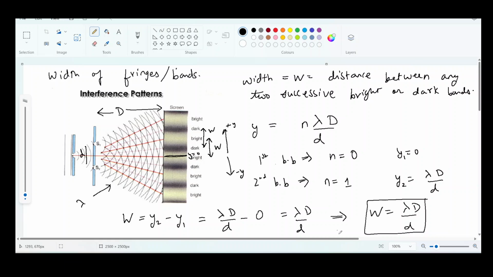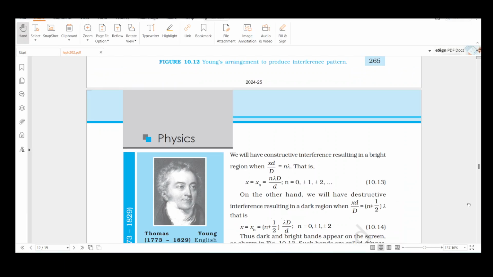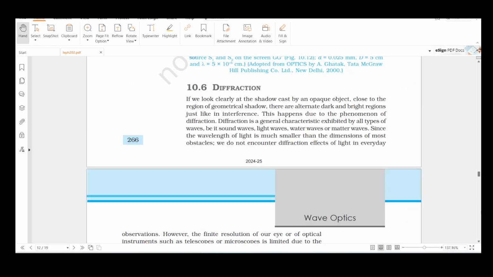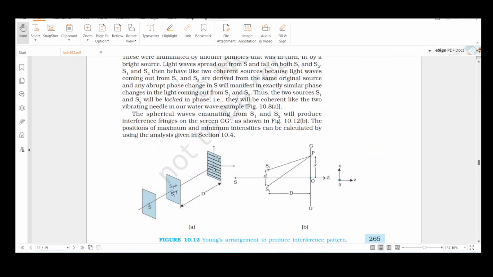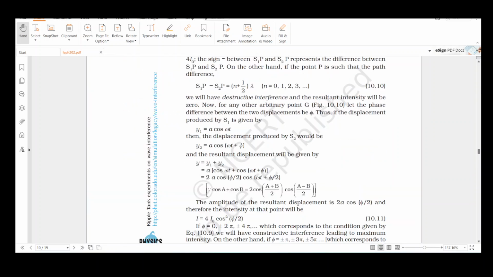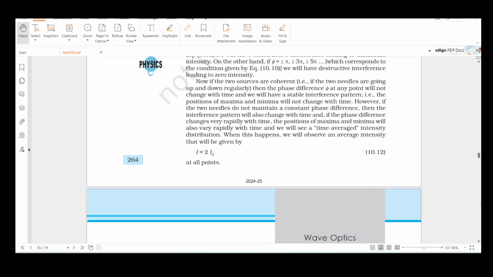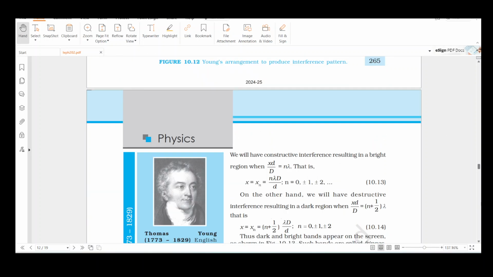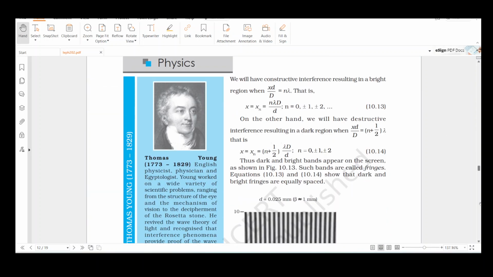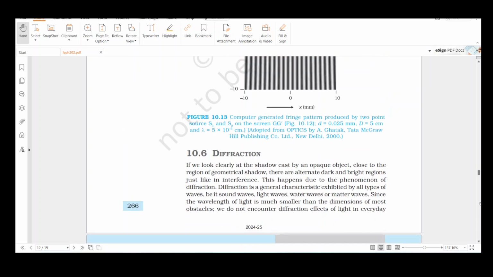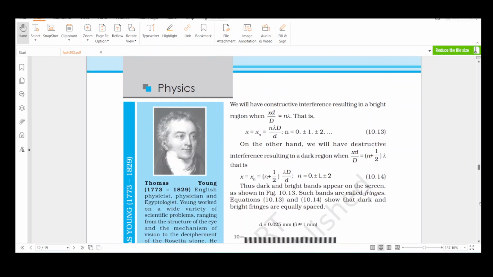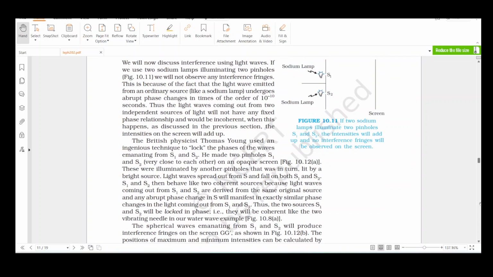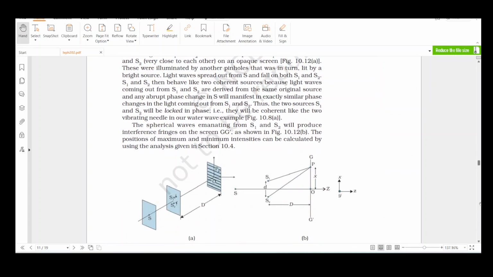And in the textbook, this equation must be written somewhere. It is not written. Apparently, it is not written anywhere. But it will be useful.